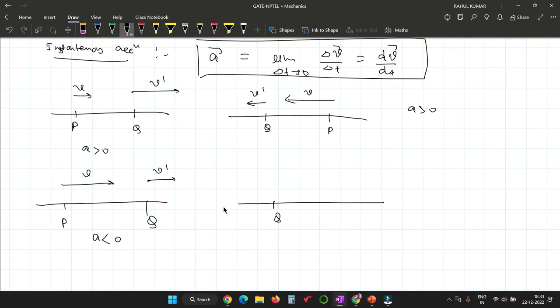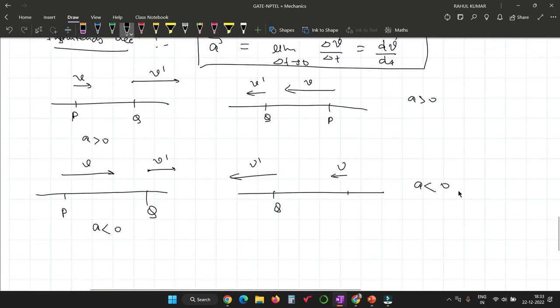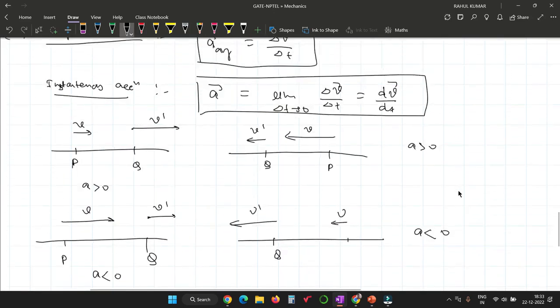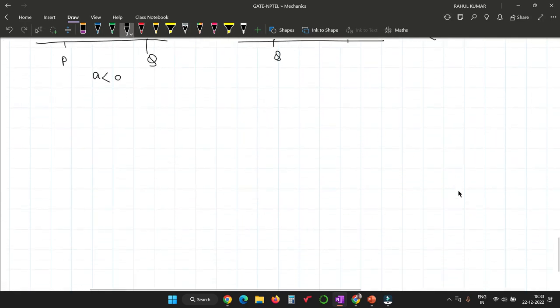And if final velocity is larger and initial is smaller, then A will also be negative. Okay, so that is the thing. So from above we have learned that A is dV by dt, and also V equal to dx by dt.